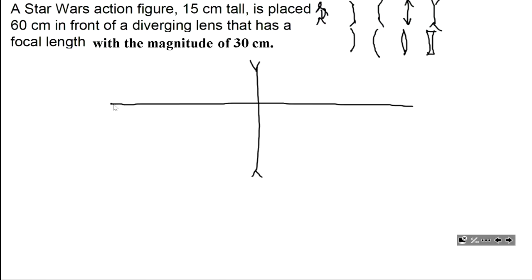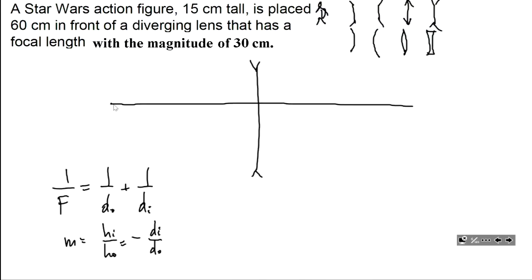Now, actually, sometimes we don't have to draw a diagram. We can just write an equation, number one. Why not? And equation number two. And now we can write these equations using numbers. For example, magnification equals something over 15.